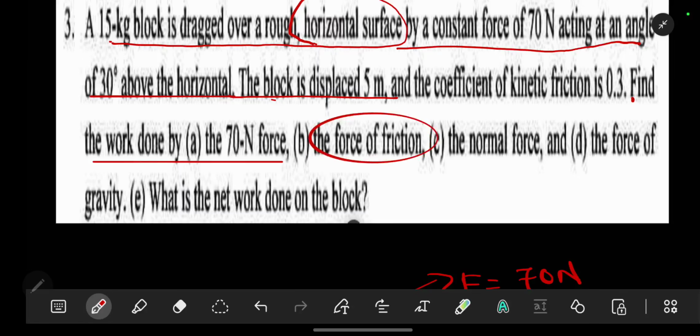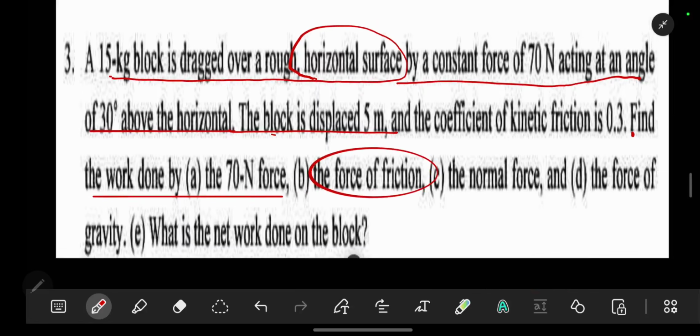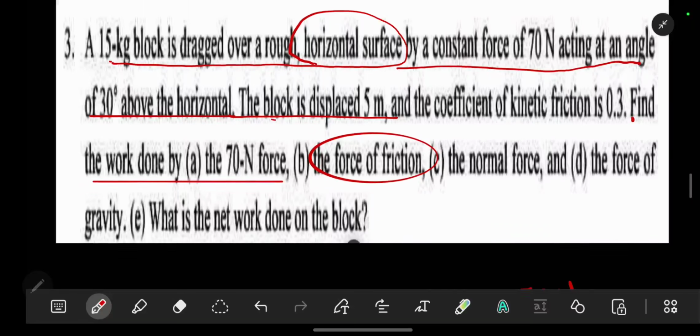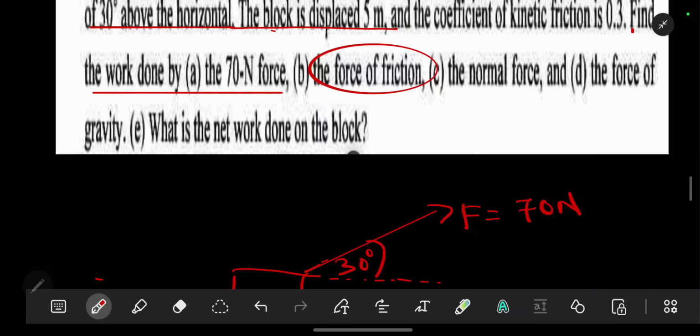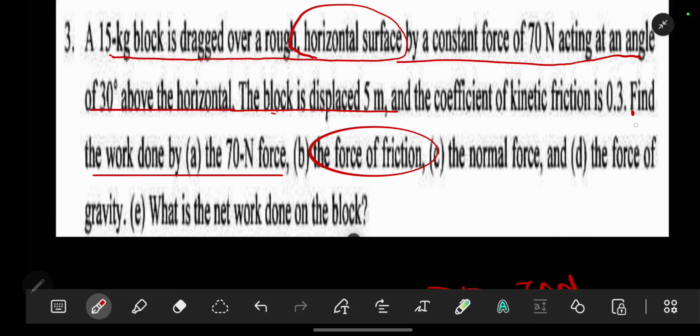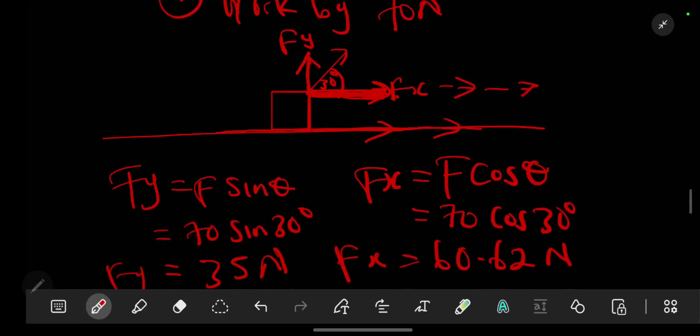Now for the next one, it says to calculate the frictional force. So how do you calculate the frictional force? What are we asked? Calculate the force of friction. So yeah, the earlier part was saying find the work done. So here we are saying by the force of friction.